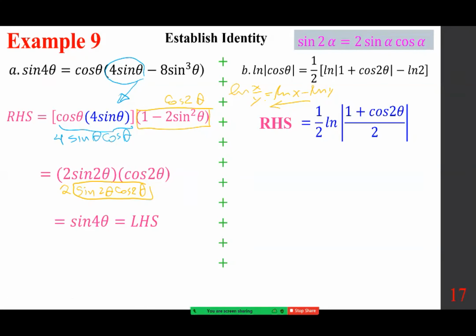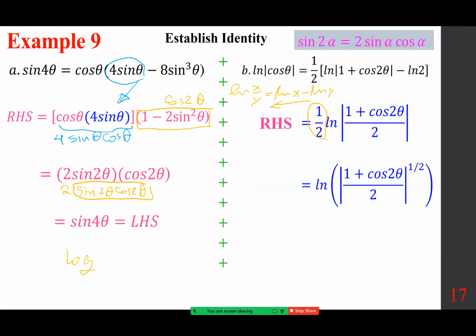Now, also, this becomes the exponent of a log, and I'm going to remind you of that one. For example, if we have a log, let me use a different color so you see what I'm talking about here.